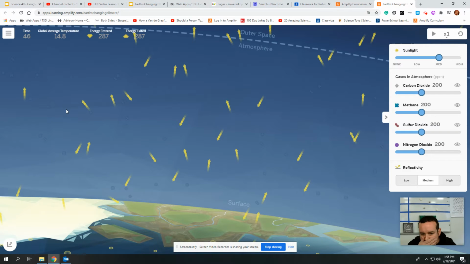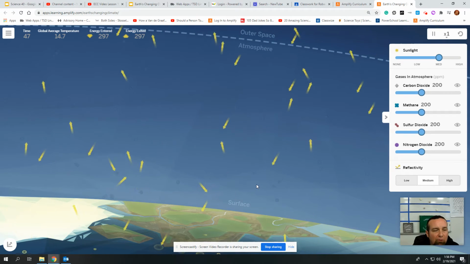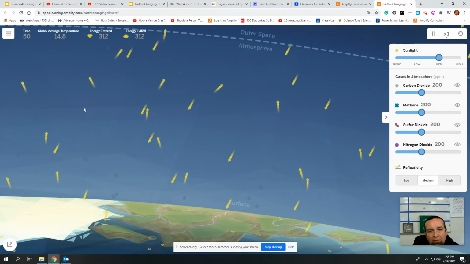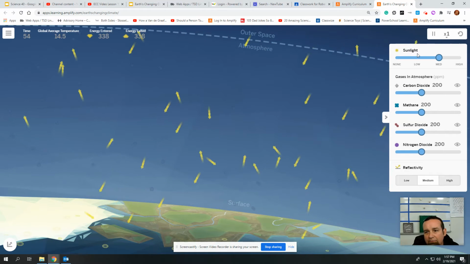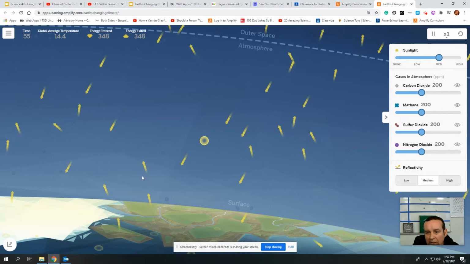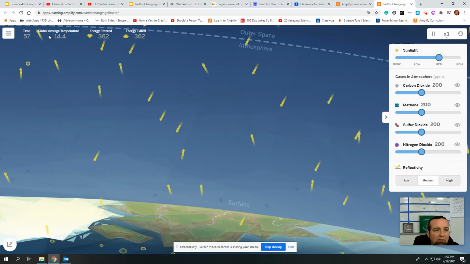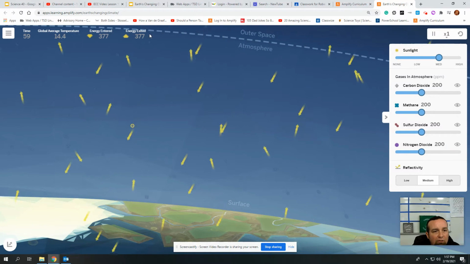So let's see. There's our sim, and I've paused it. This is normally what it would look like. This is a simulation of the Earth's atmosphere, and we have energy coming in and leaving. You can see some of our metrics up here at the top.